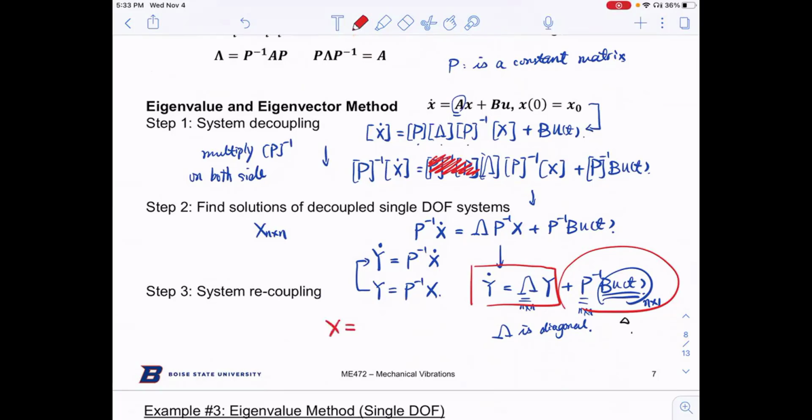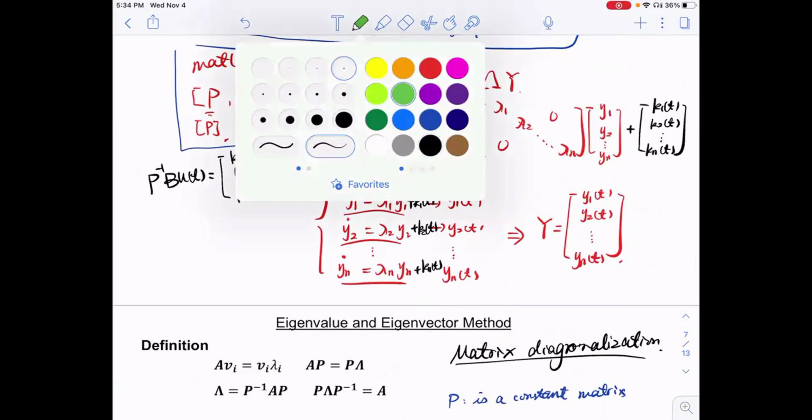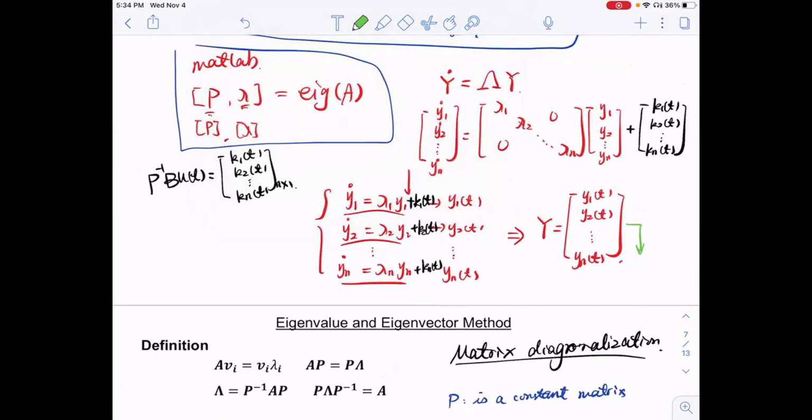Your x is just P times y, right? If you multiply both sides by P on the left, then your x is just P times y. So once you have this y solution, in order to find x, you just need to multiply your y solution by P.